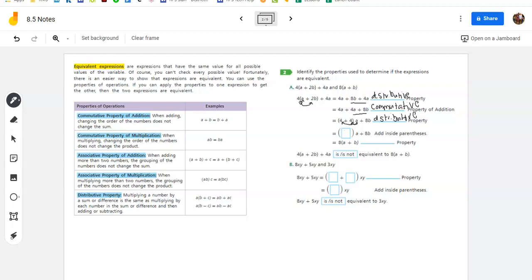Four times 4 is 16. So we added inside the parentheses and we got 16. Then we're going to do the distributive property here. So this is equal because they're getting to be the same thing.